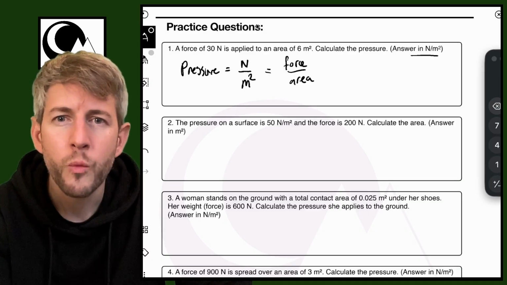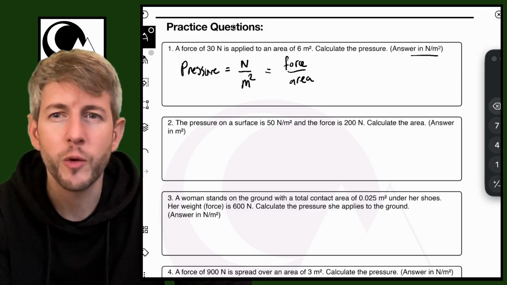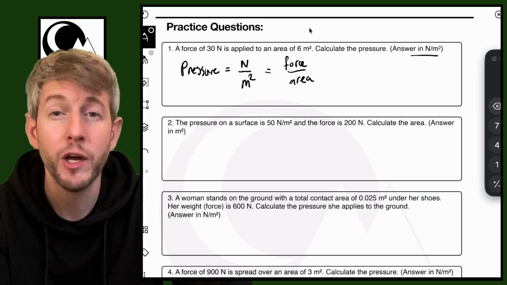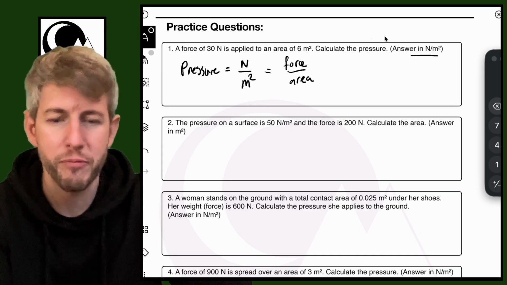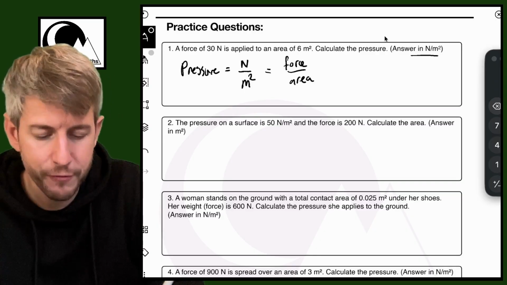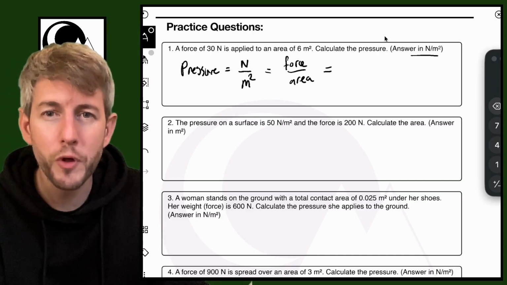So we can now look at what we've been given in the question. A force of 30 newtons is applied to an area of 6 meters squared. Calculate the pressure. As we said, the pressure equals the newtons over meters squared, which is the force over the area. So we can put these numbers in.